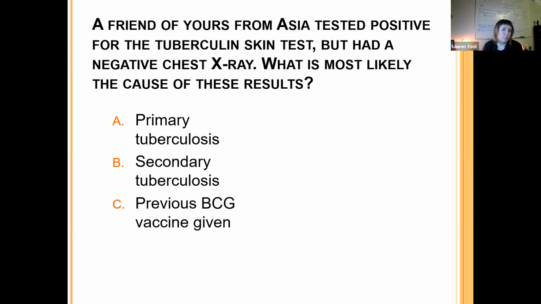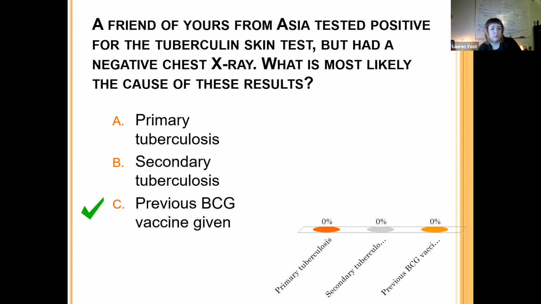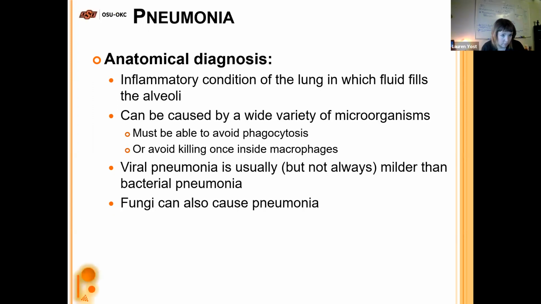So this person probably doesn't have tuberculosis and hasn't had tuberculosis. So I'm going to go with C, the previous BCG vaccine given. That is the tuberculosis vaccine. And their body is just reacting to the skin test because of the vaccine.